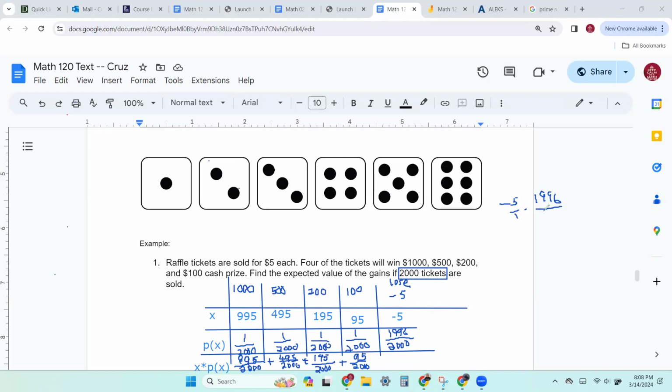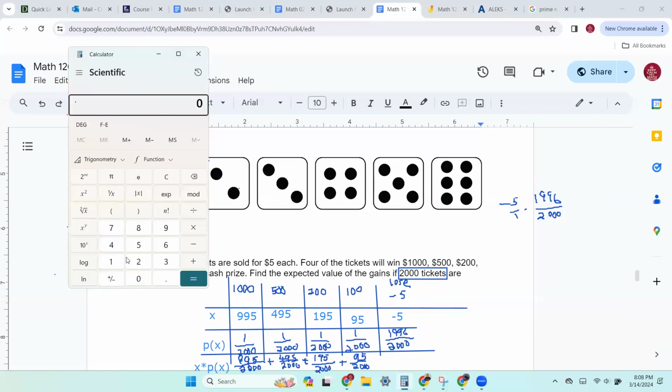So the 5 is going to be multiplying the 1996, and then we got 2000 in the bottom. So this over here is going to be 9,980. But it's negative.